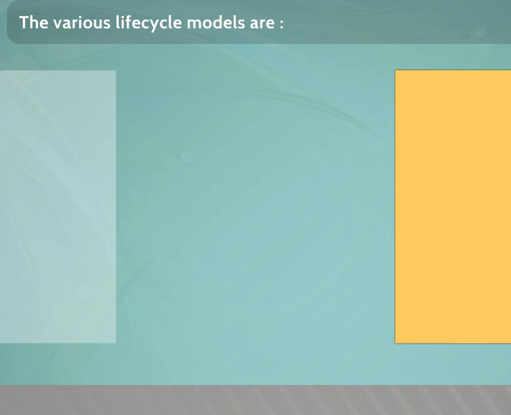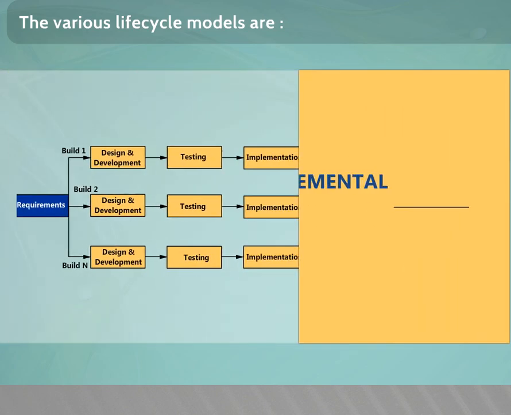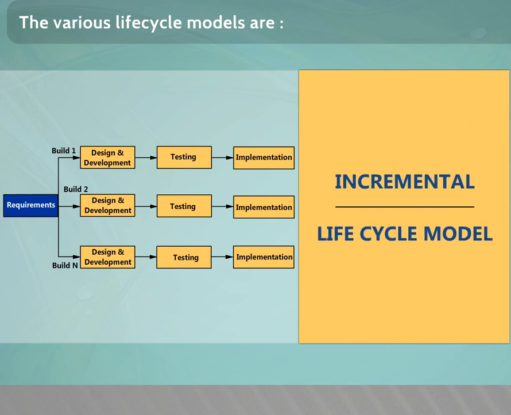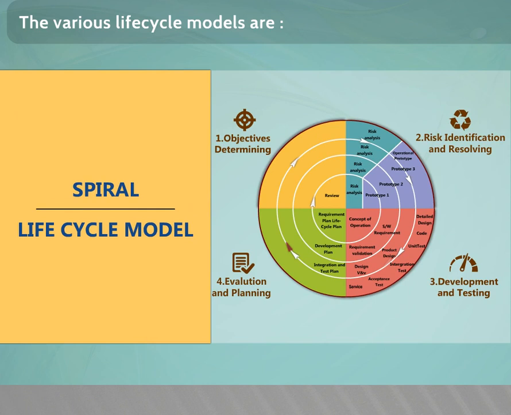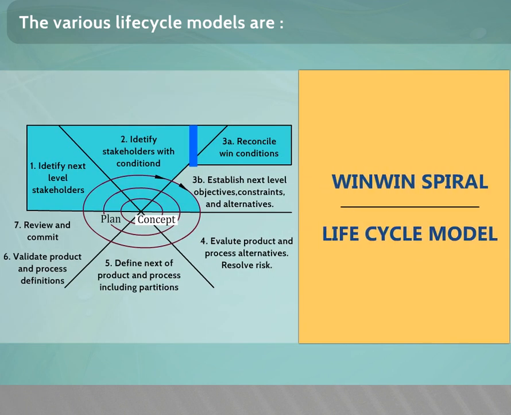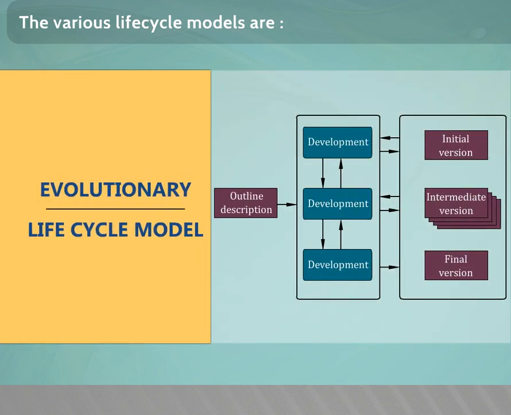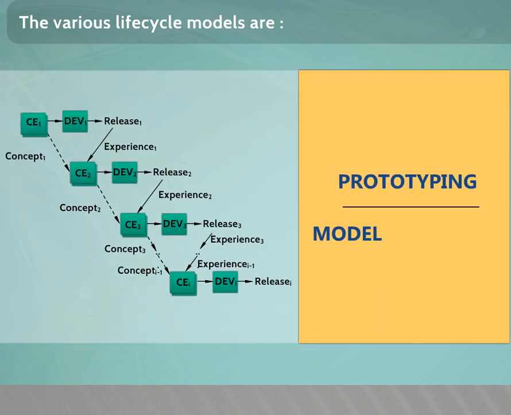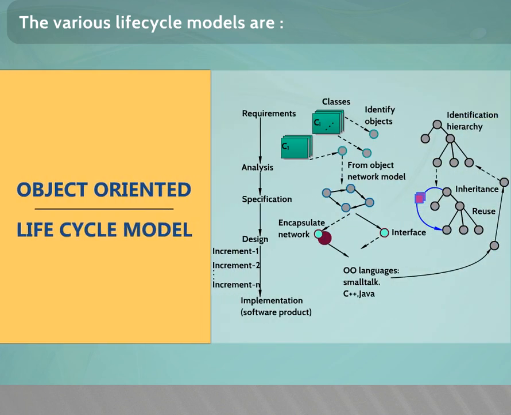The various lifecycle models are the waterfall lifecycle model, the incremental lifecycle model, the spiral lifecycle model, win-win spiral lifecycle model, evolutionary lifecycle model, prototyping lifecycle model, object-oriented lifecycle model.